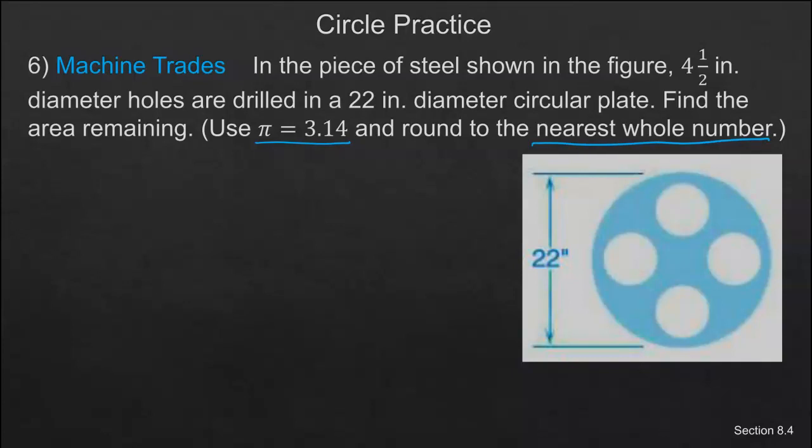All right, so what we have to do here is find the area of the entire circle, and then we're going to subtract the small circles. So area is going to be pi times the radius squared for the big circle. Let me write out big circle so I have the space there.